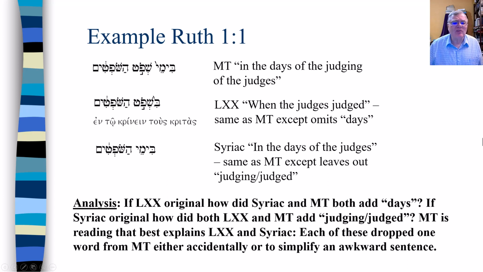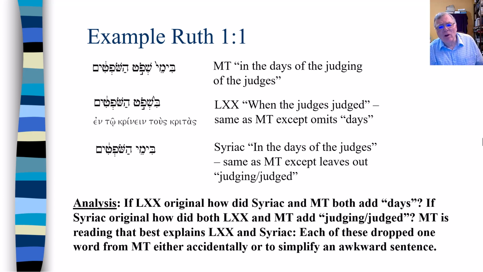Well, if the Septuagint were original, we would have to ask the question, where did the Syriac and the Masoretic tradition get the word days of? And so the lack of days and two against one in those different traditions suggests that, well, Septuagint is probably not right because there's quite a bit of evidence for the word days being found in the text.